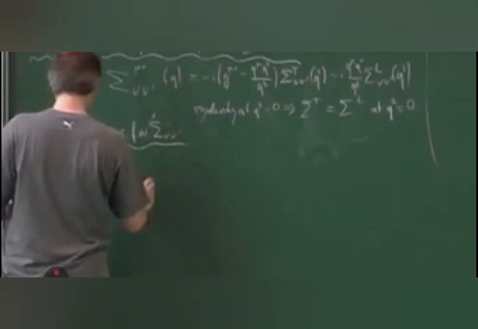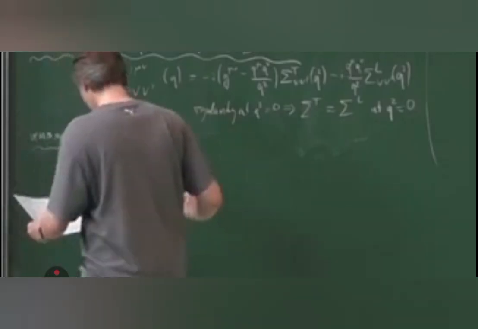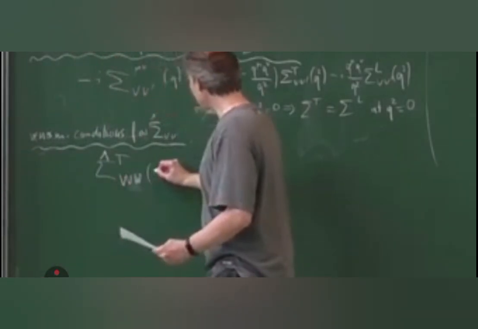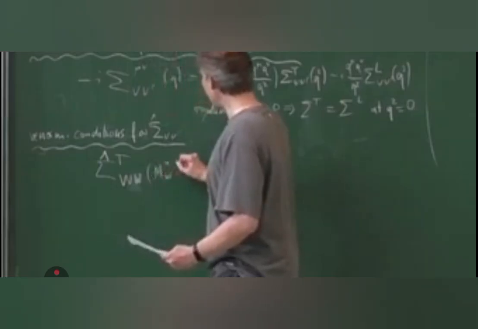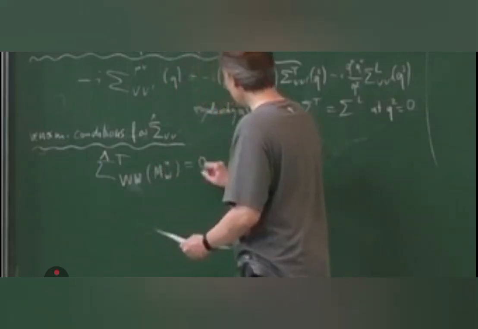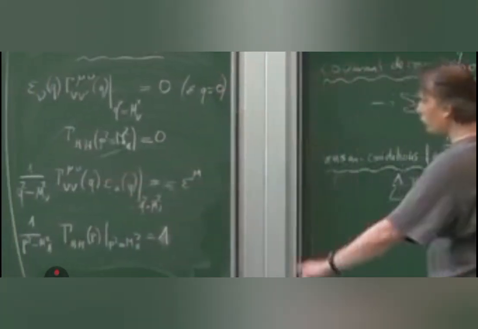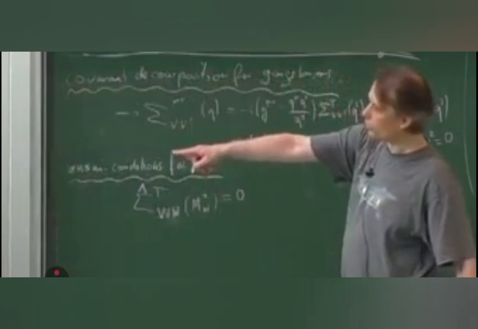Let me write it down explicitly, so WW at p square equal mw square equals 0, and the condition for the derivative, again only the transverse part enters, and then the prefactor simply means taking the derivative, so d by dq square of sigma hat transverse WW at p square equal mw square.